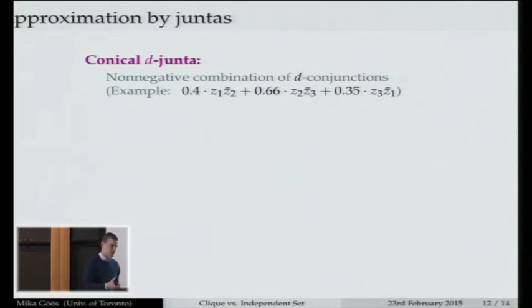And a conical junta is just a non-negative combination of these juntas. Each junta you can express as a non-negative combination of conjunctions. So the whole thing is just non-negative combinations of width-d conjunctions. Here's an example. It's almost like a DNF formula, except now each term is weighted by a positive weight, and you're taking sums.